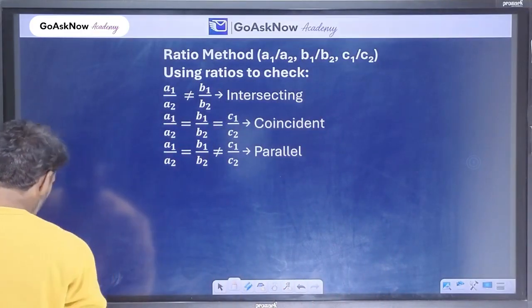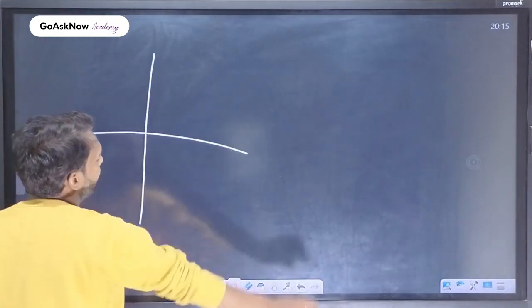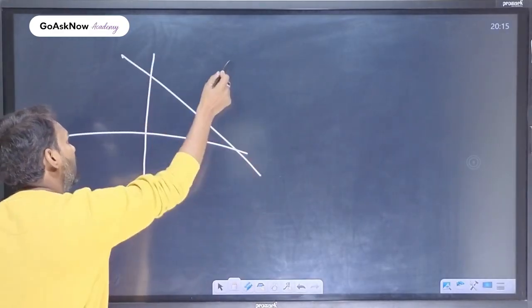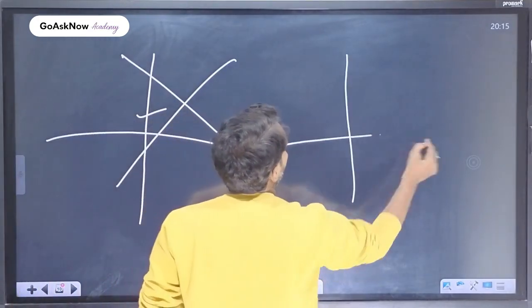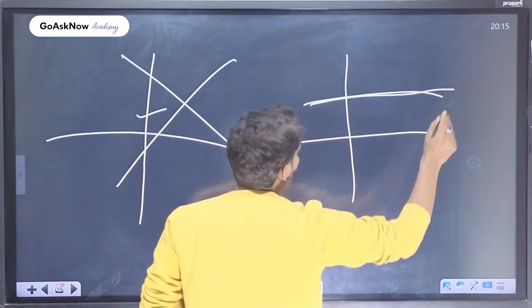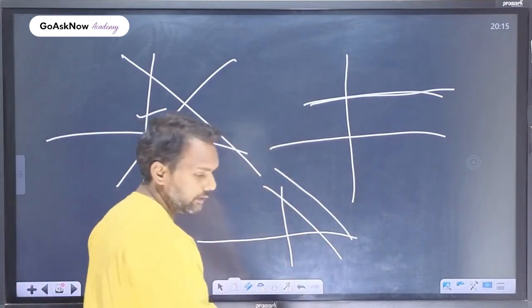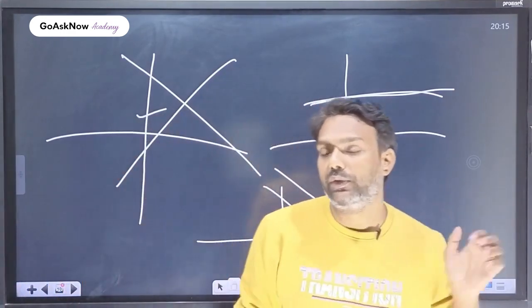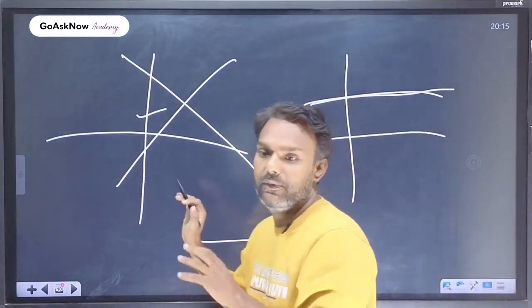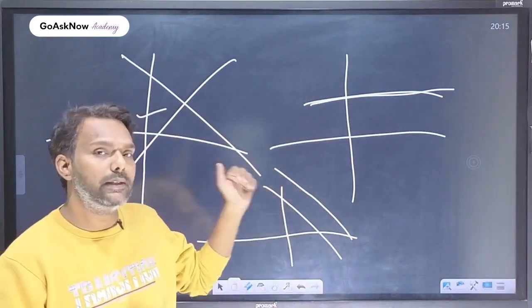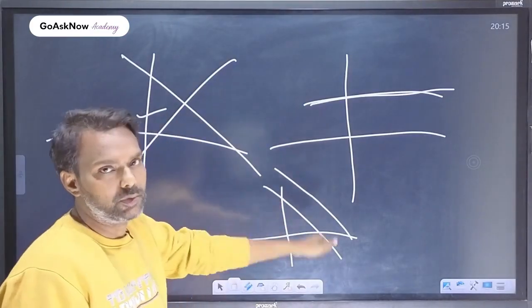So graphically you can easily tell whether lines are consistent or inconsistent. This is consistent. This is also consistent. And this is inconsistent. So after you see a graph, you can easily say whether the set of lines represents a consistent or inconsistent set: one solution, many solutions, or no solution. Okay.